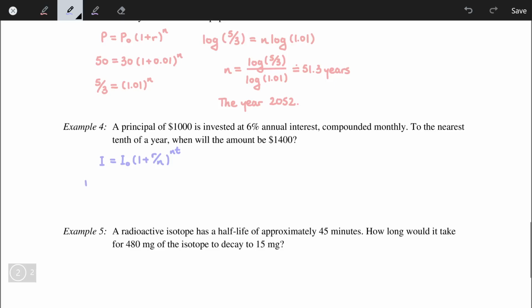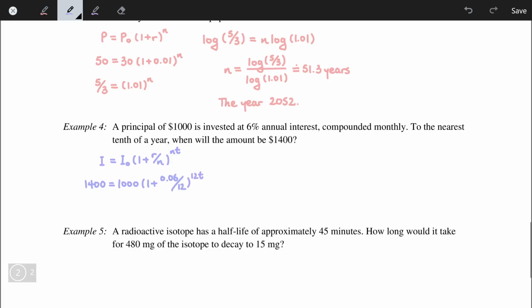So here we're looking for $1,400. We started with $1,000. The rate is 6% compounded monthly, so divide by 12, and then to the 12t power.